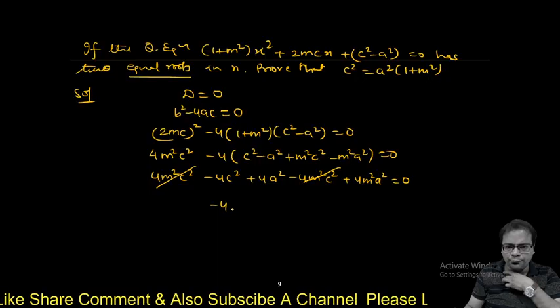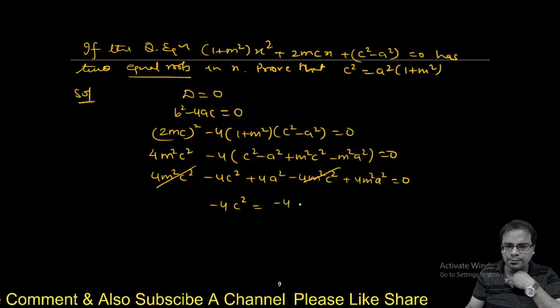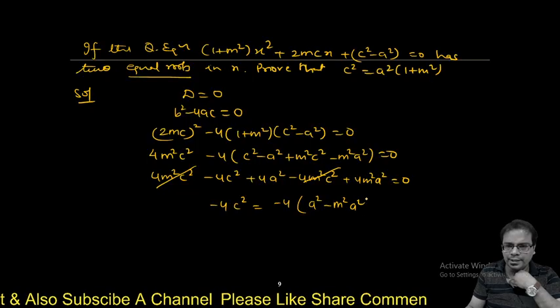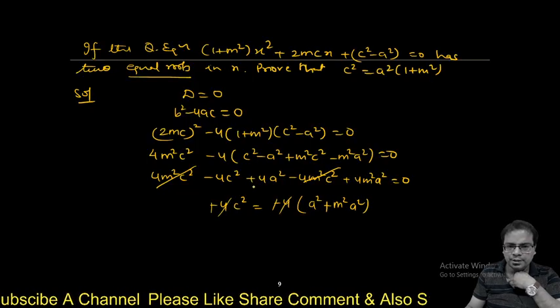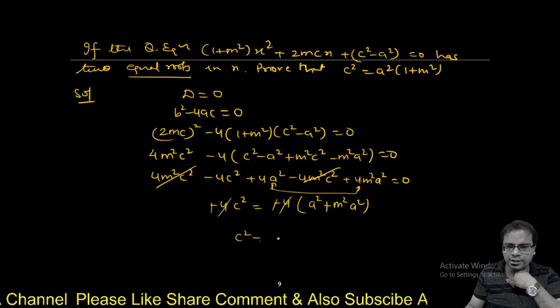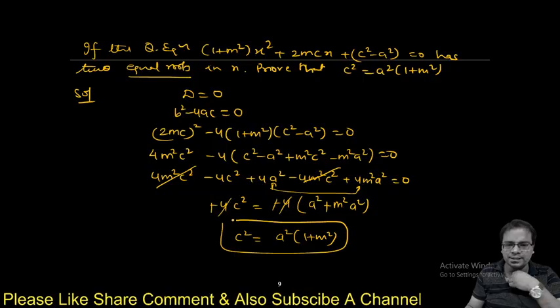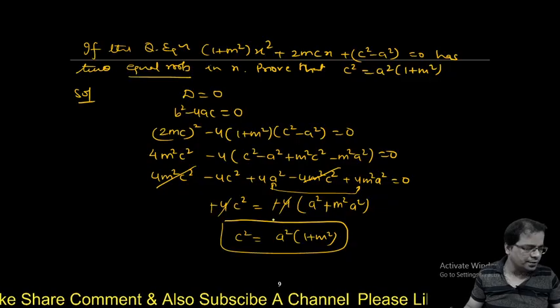So minus 4c square equals to, it goes on the right hand side, minus 4 should be common, a square plus m square a square, minus minus cancels, 4 4 cancel. These both terms go on the right hand side. So we have to say that c square equal to a square, again common, a square times (1 plus m square). That is the thing we have to determine.